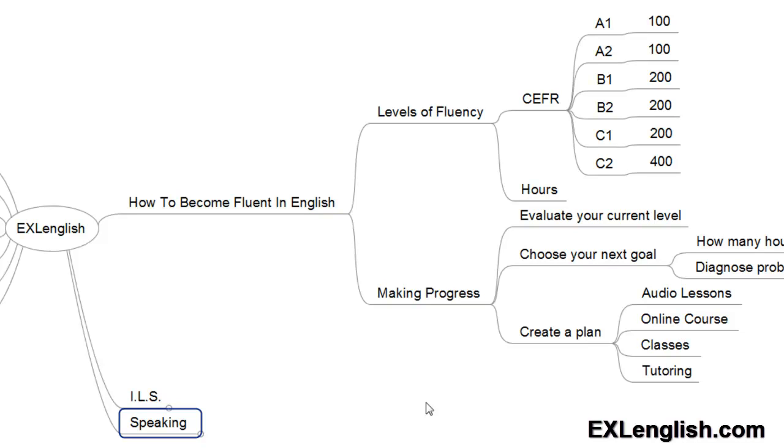So if you want to learn English and not be like the 96% of English students who fail, unfortunately, statistically, 96% of the students who study a new language will never become fluent.